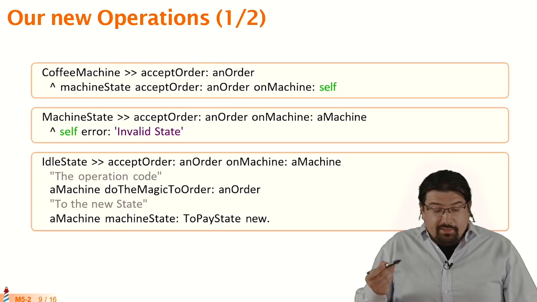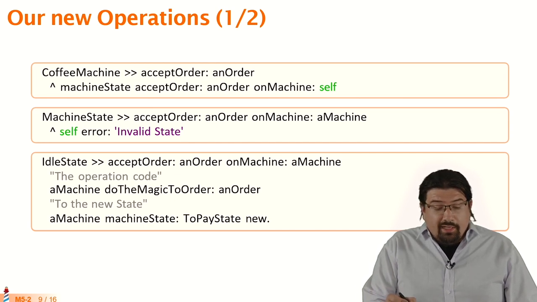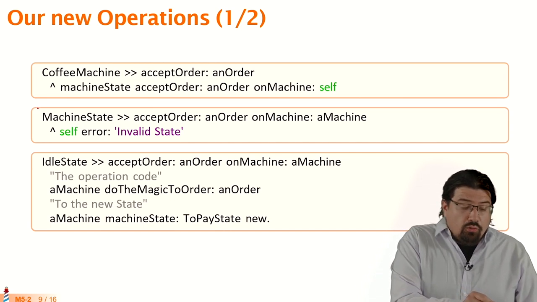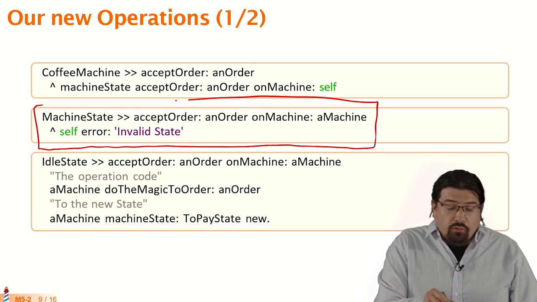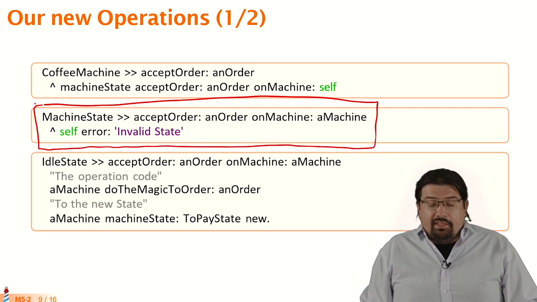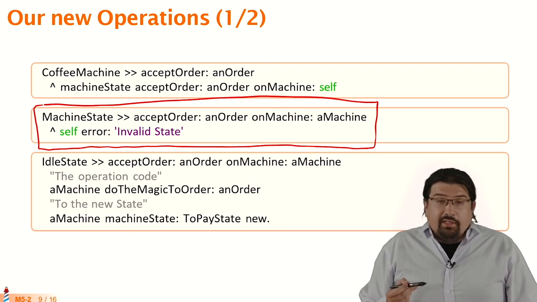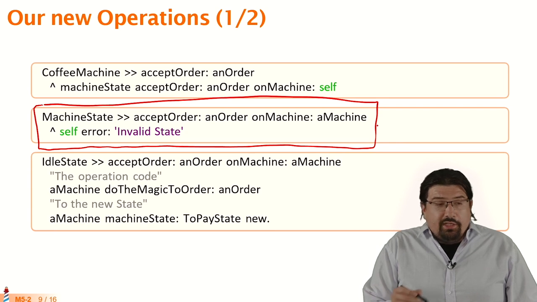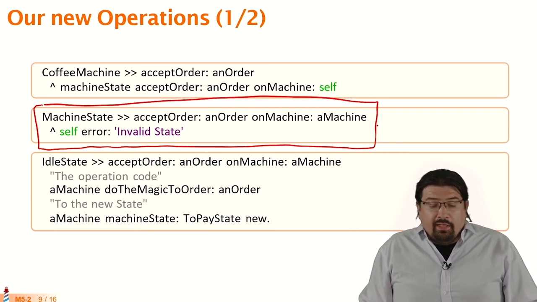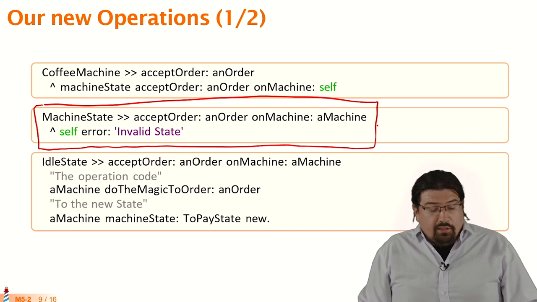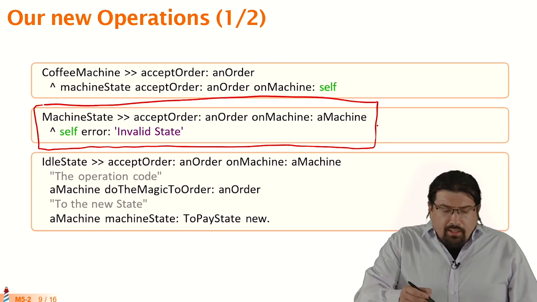We have selected a common superclass because, in each of the operations in the common superclass, we mark them as invalid and just raise an error. So all the operations that are not supported by the current state will just raise an error.